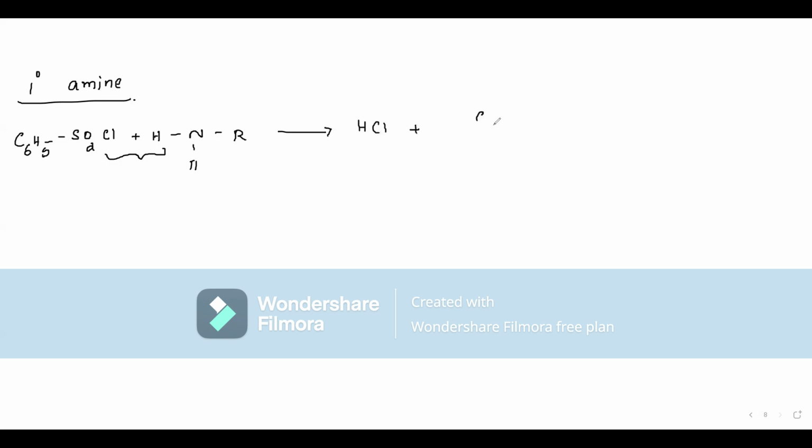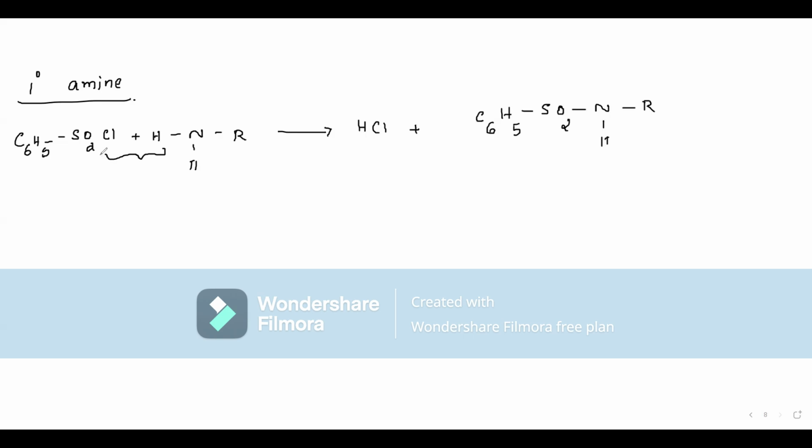Along with this, you will get C6H5SO2NHR. This is the product. Now, I've already told you this is a complicated equation. ISC does not require this equation. So, in words, how will we write it?